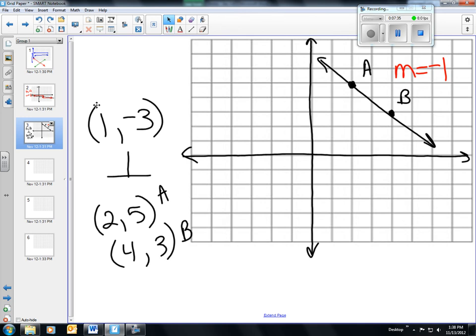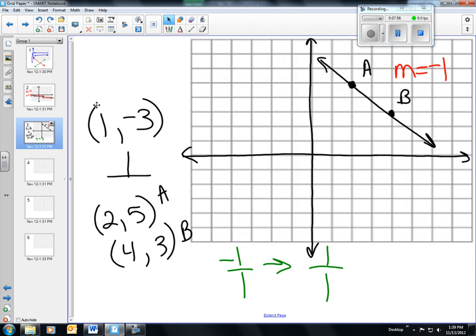Now, the perpendicular line running through that, we know, has to have a slope that is not only the opposite sign but the reciprocal of 1, which is really just 1. So when we have the negative 1 slope, the opposite sign and the reciprocal of that would just be a positive 1 slope.